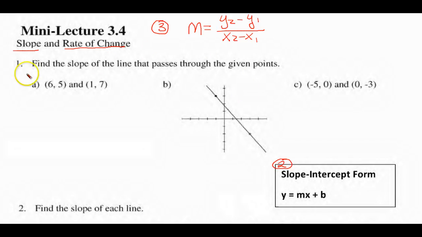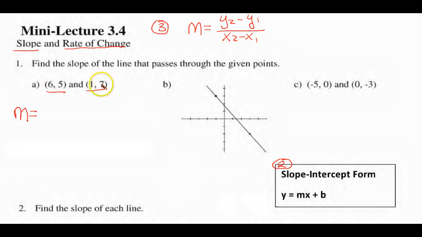Now, in example 1a, they're asking us to find the slope. Well, we're going to use the slope formula for this. So let's carefully substitute. Now I usually take our second ordered pair as the sub 2's and the first ordered pair as our sub 1's.